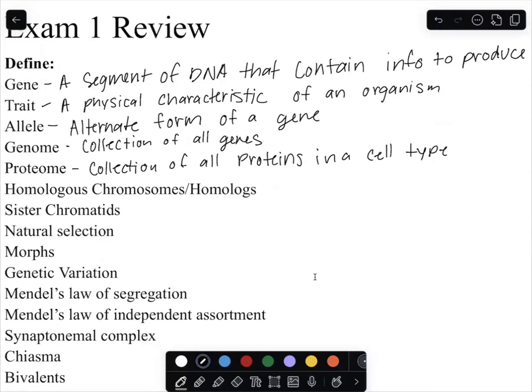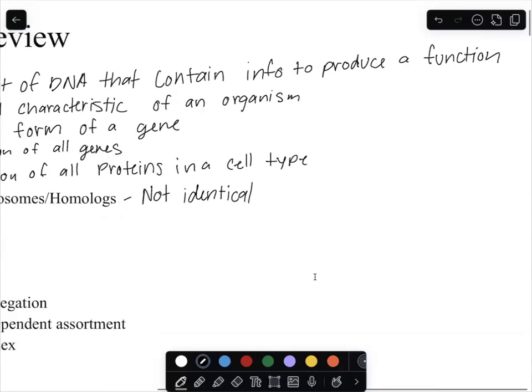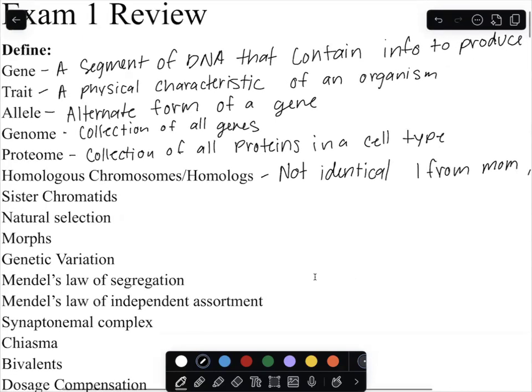You get one from dad and one from mom. Okay, and sister chromatids are 100% identical.